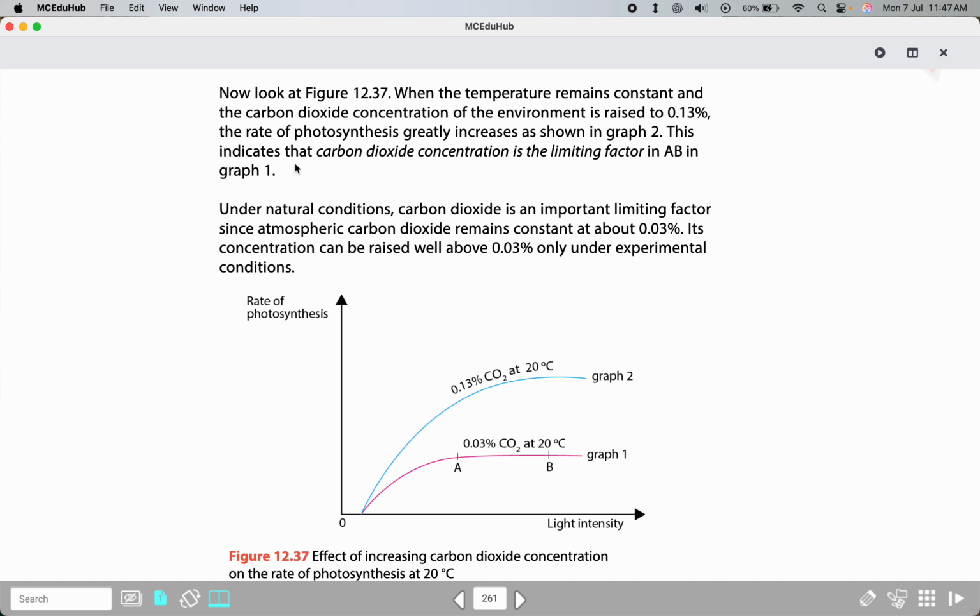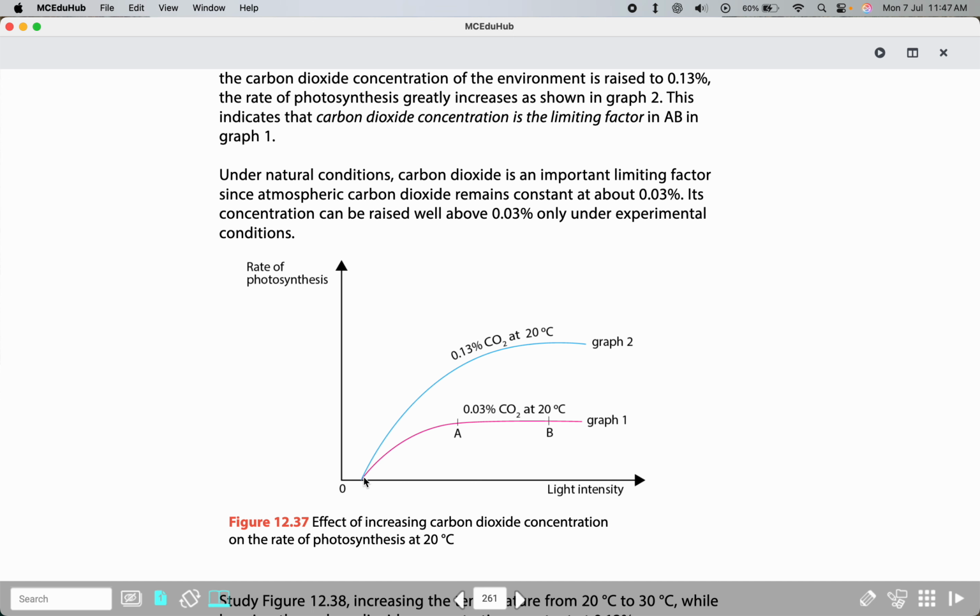So this now indicates that carbon dioxide is the limiting factor between point A and point B. Why I say that is because you see that on the red line, you can increase the light, but eventually it becomes constant. So this 0.03 is the limiting factor between points A and B, because when you increase it to 0.13, the rate of photosynthesis jumps up by a lot. Hopefully you can see that.